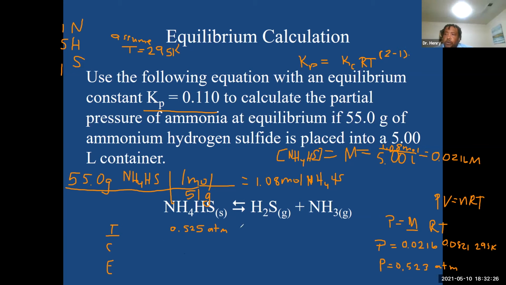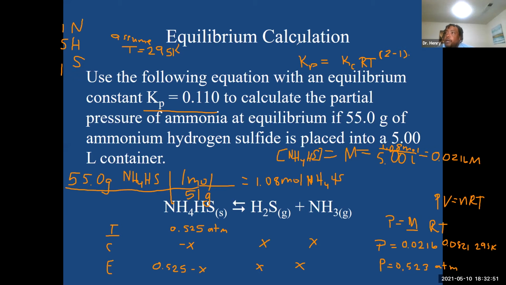Okay, so in this case, we have the change being X. So this is going to be 0.525 minus X, equal to X and X for both of those.